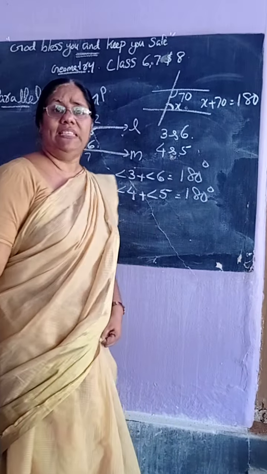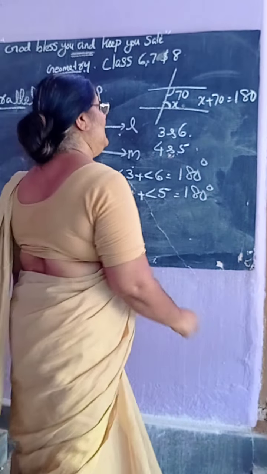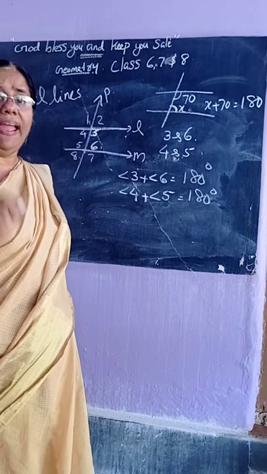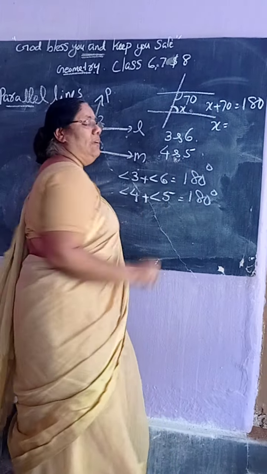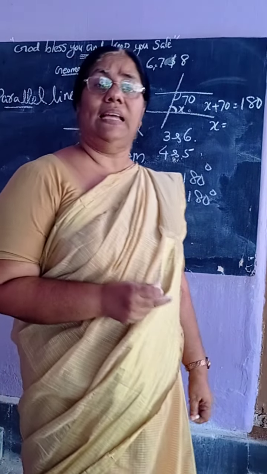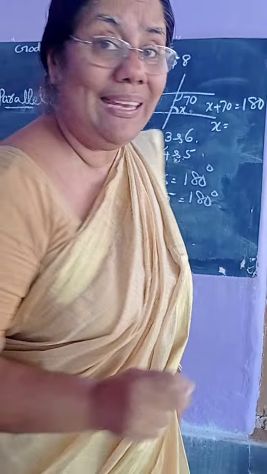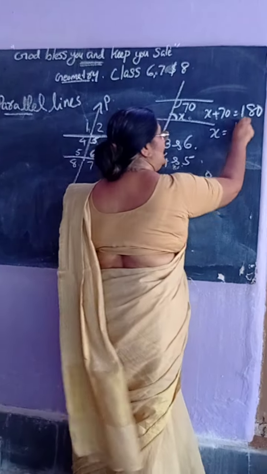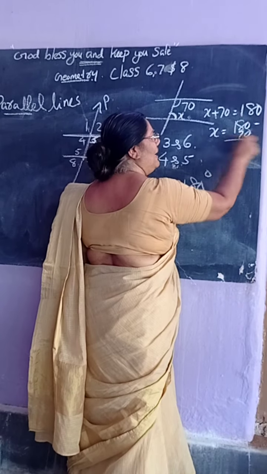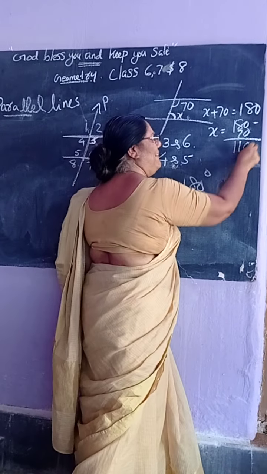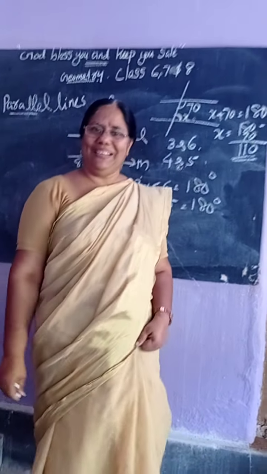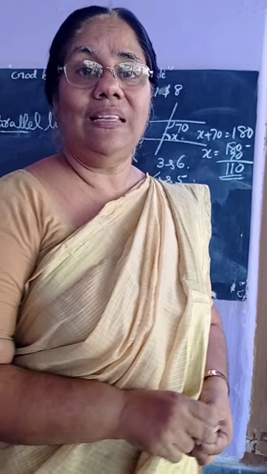The sum of the co-interior angles is supplementary. Therefore, x is equal to, when you move this plus sign to the other side, it changes to minus. Therefore, 180 minus 70. Say loudly. What's 180 minus 70? Yes, 110 degrees. These are about transversal.